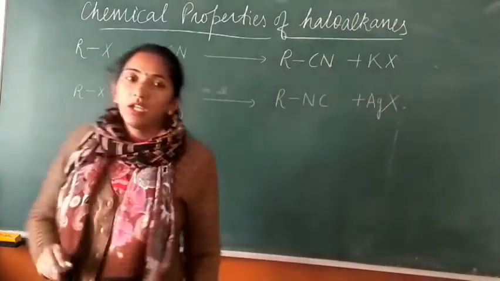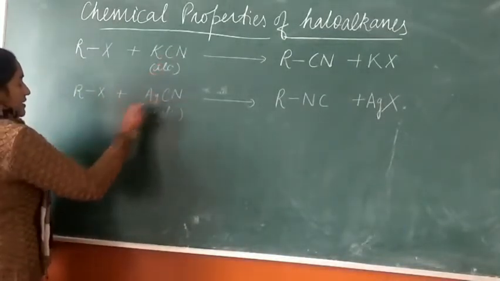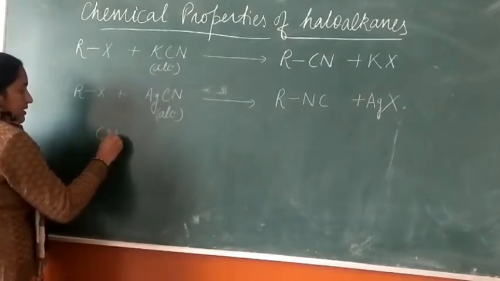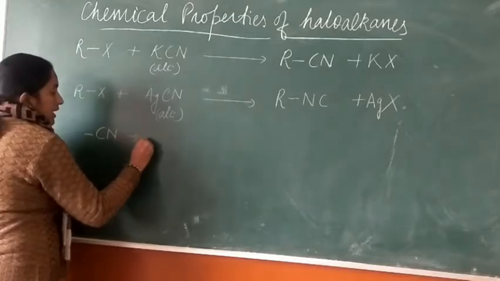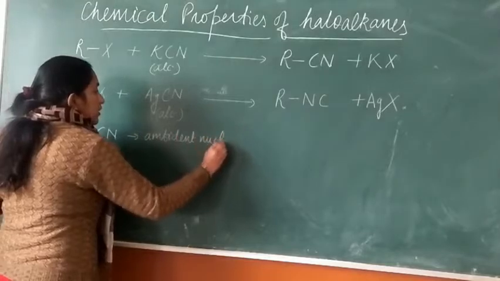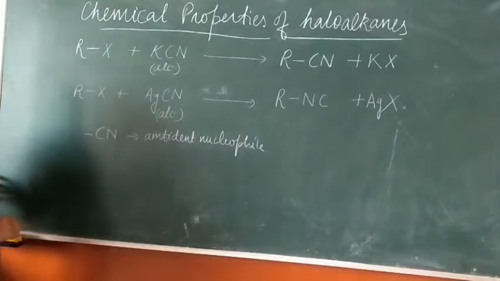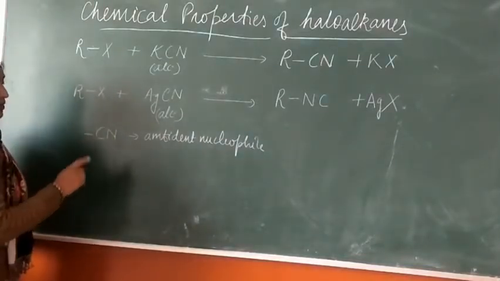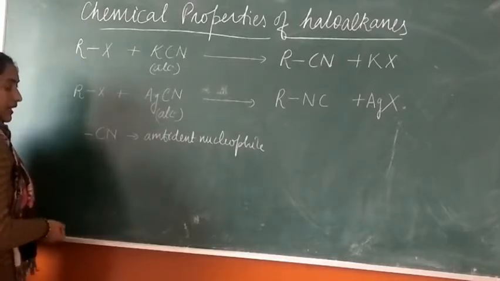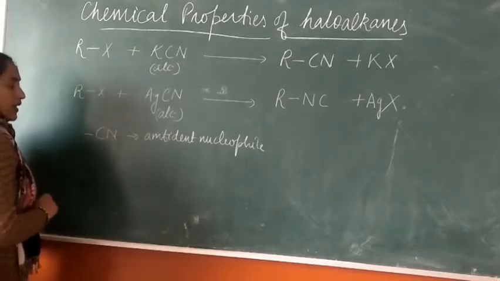So, students, the difference here lies in KCN and AgCN; the nucleophile is cyanide, CN. The cyanide is an ambident nucleophile, which means that it has two donor sites, and it is going to bond through only one at a time.